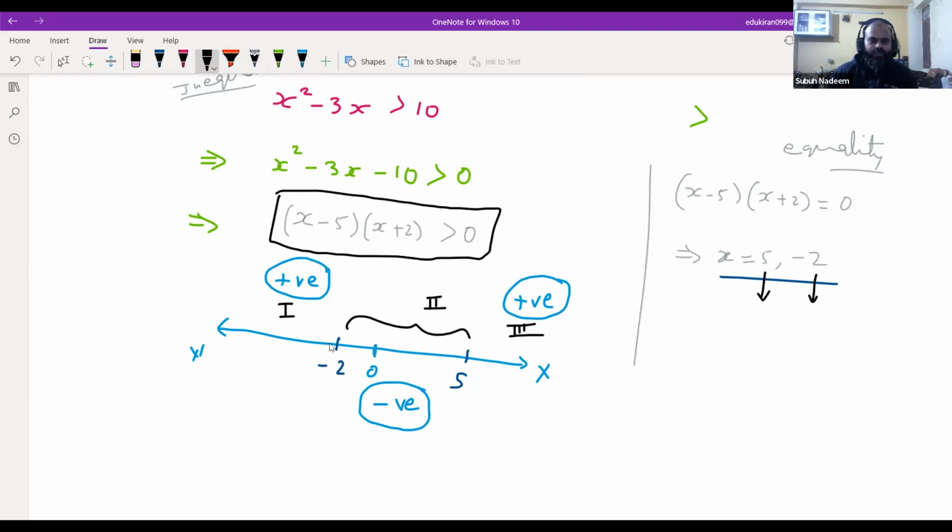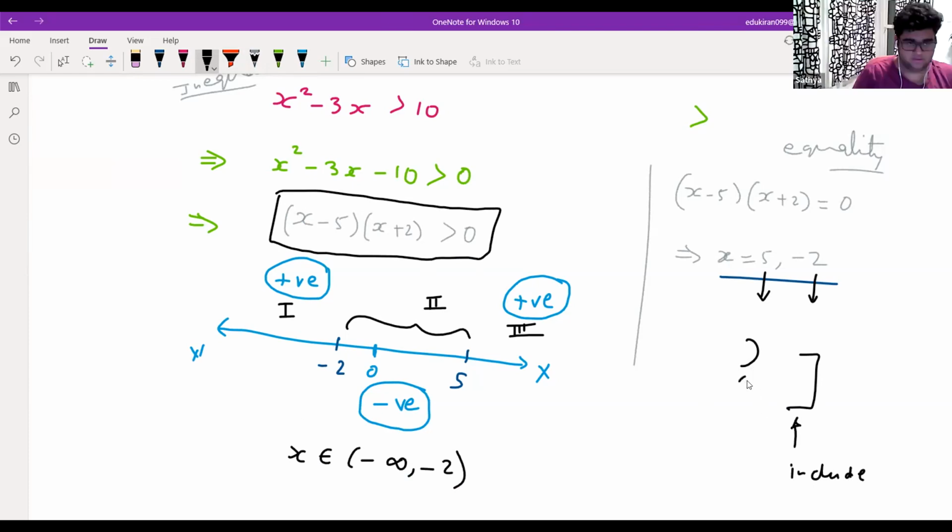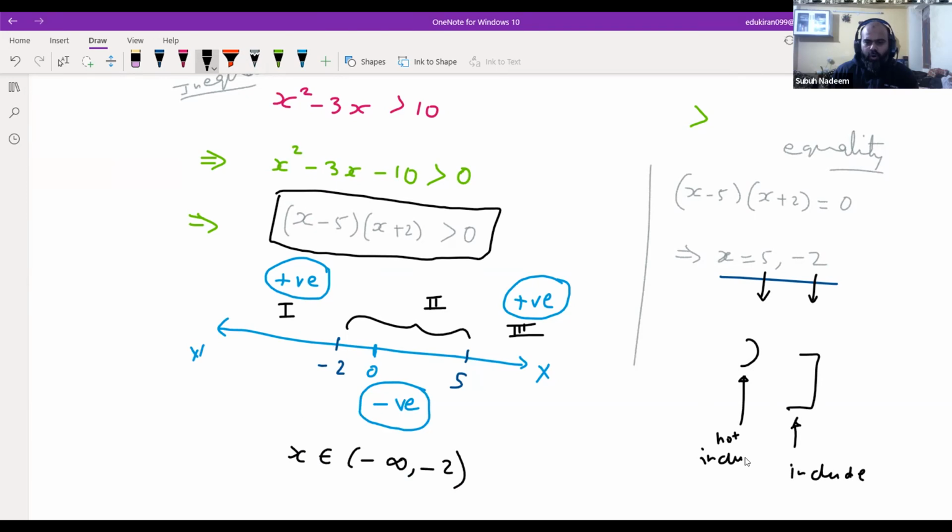which means positive. So we will say that the answer is x belonging to minus infinity to minus 2, and it will not be included. It will be an open bracket like this, not a close bracket like this. This close bracket means you are including the endpoint. Okay. So open bracket means not including the endpoint. Why are we not including it here?